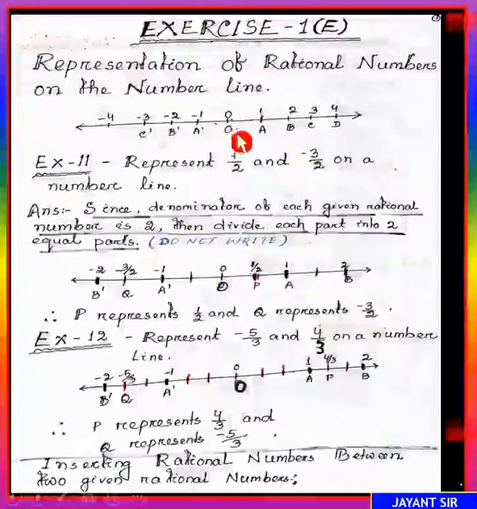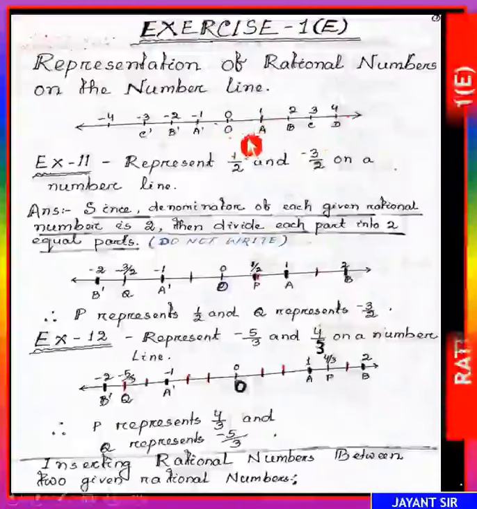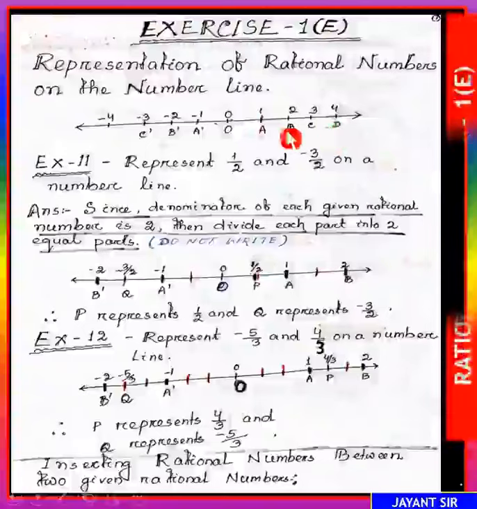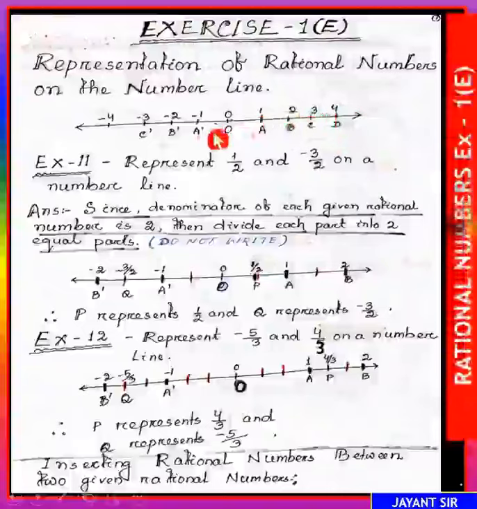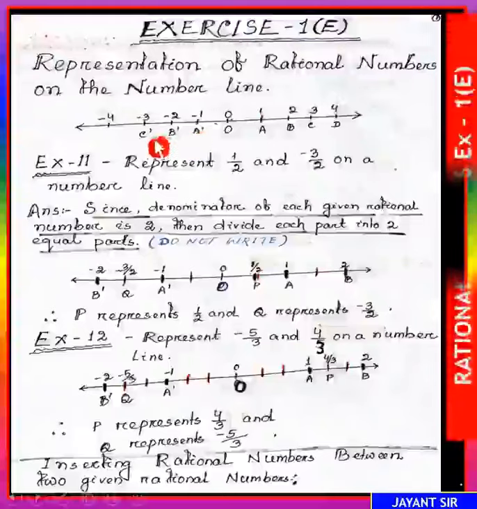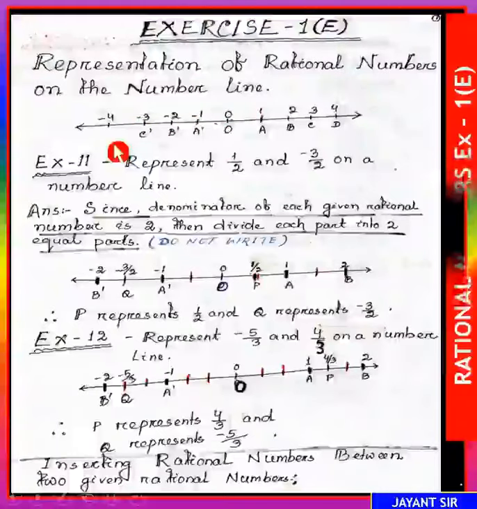Mark the points towards the right side with equal intervals, dividing into equal parts, that is A, B, C, D, and name them 1, 2, 3, 4 this way. Towards the left side also mark the points, dividing into equal parts, A dash, B dash, C dash, D dash, and so on, and name them -1, -2, -3, -4.